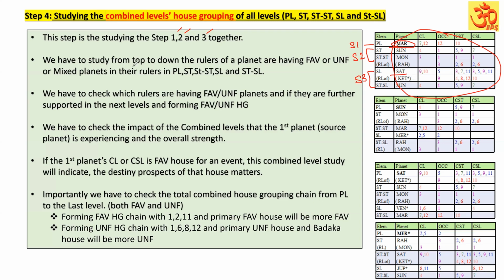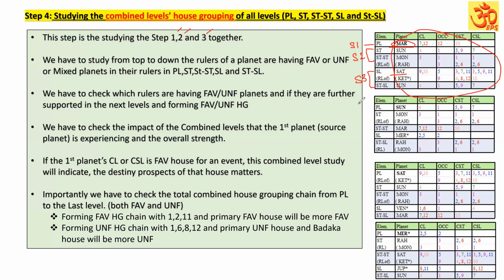We have to study from top to down whether the rulers of a planet are favorable or unfavorable or mixed: that is planet, star lord of the star lord, star lord, and sublord and star lord of the sublord.